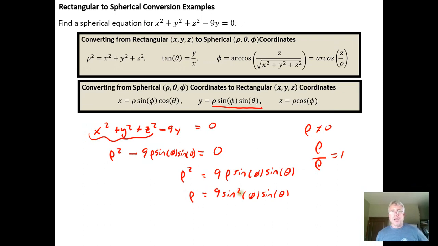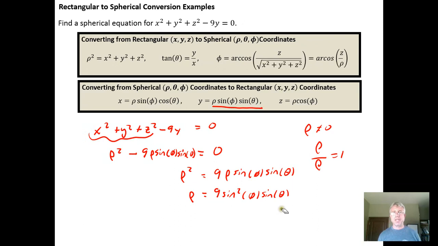So the question is, can you still get rho equal to 0 from the simplified form of the equation that's left? If theta is equal to 0, the right hand side is going to zero out. So if rho equal to 0 is a solution, we didn't lose it by dividing both sides by rho. We'll still be able to get a rho equals 0 type of solution out of this.